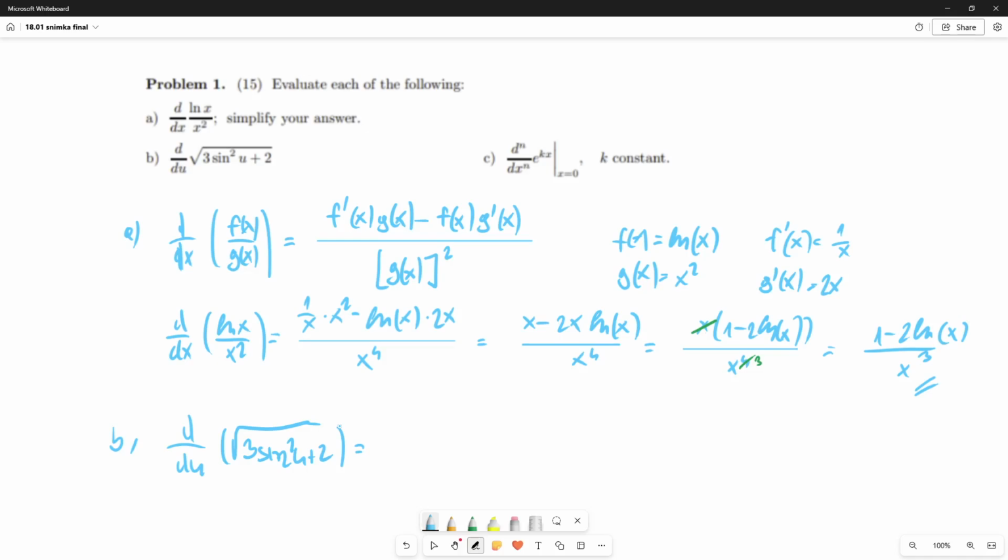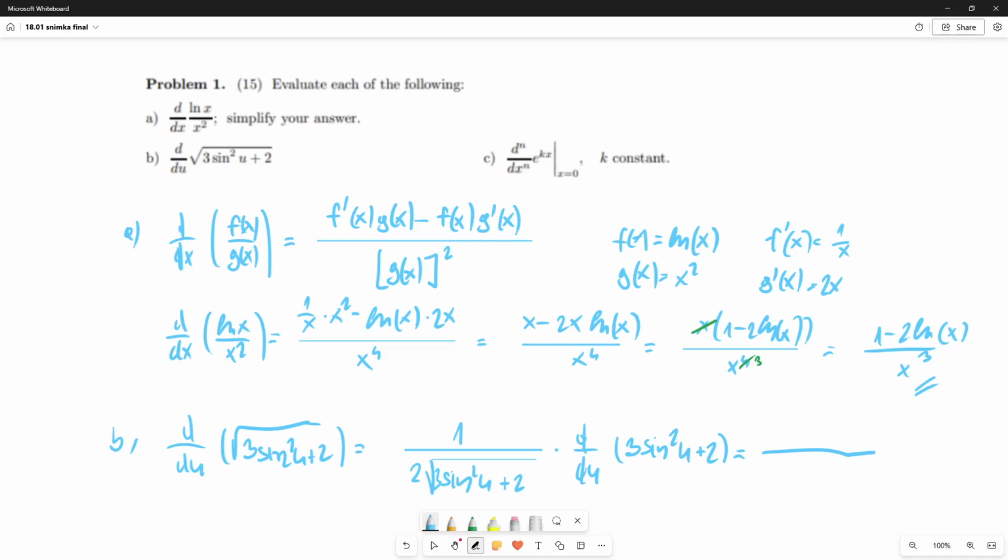We'll start by differentiating the outer function, 1 over 2 times square root of 3 times sine square of u plus 2, and then we need to multiply this by the derivative of the function inside within the square root, 3 sine squared u plus 2.